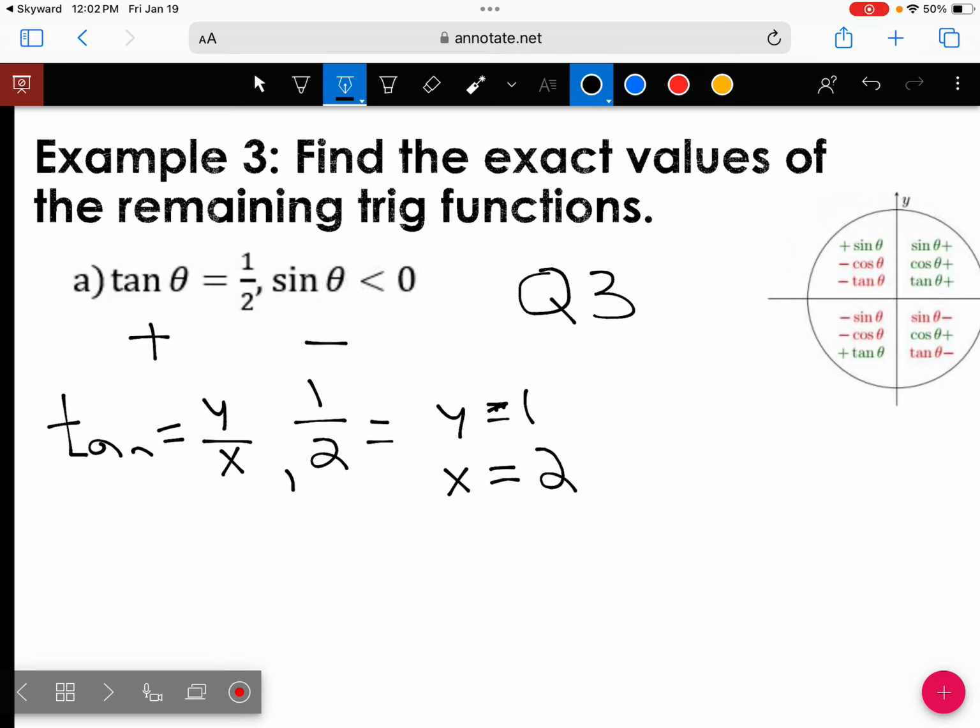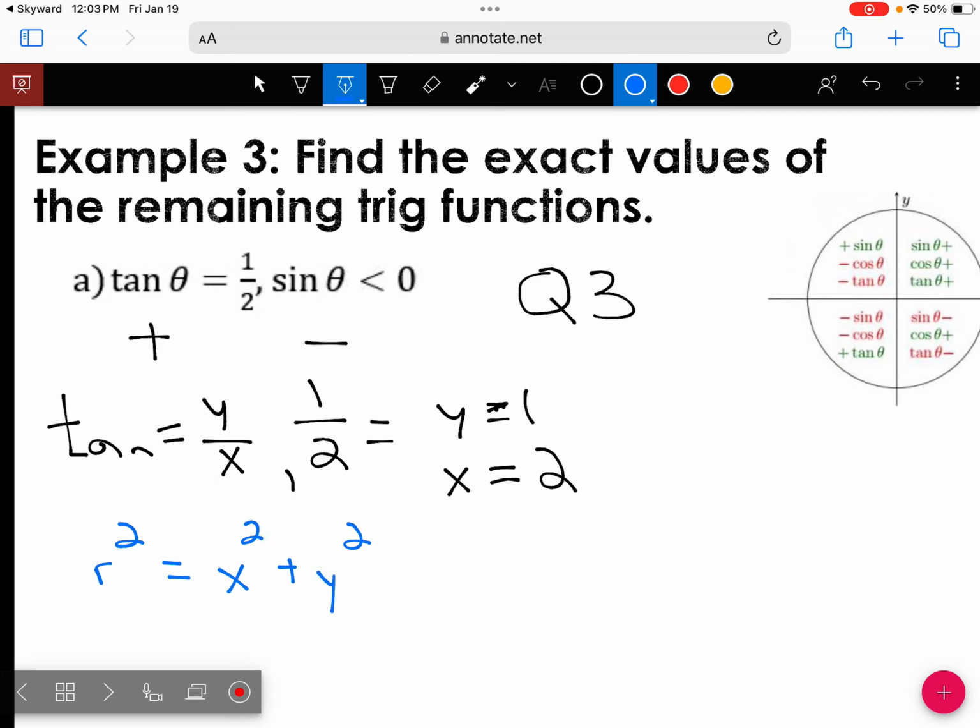Good. And now from that, we have our y value, we have our x value, and the next step is to find our r value, right? Because this information doesn't say that we have to be on the unit circle. So that means we have to actually compute our r value. So does anyone remember the equation we used? R squared equals x squared plus y squared. Yep, there we go. That's the fancy name, Pythagorean theorem. So when we're computing r, we use r squared equals x squared plus y squared.